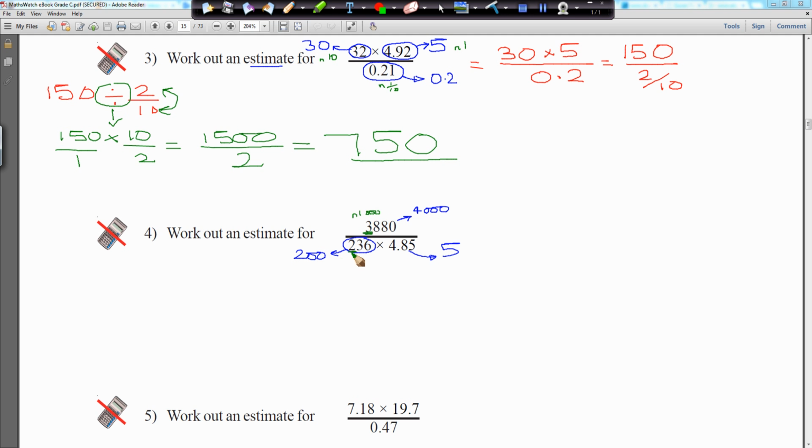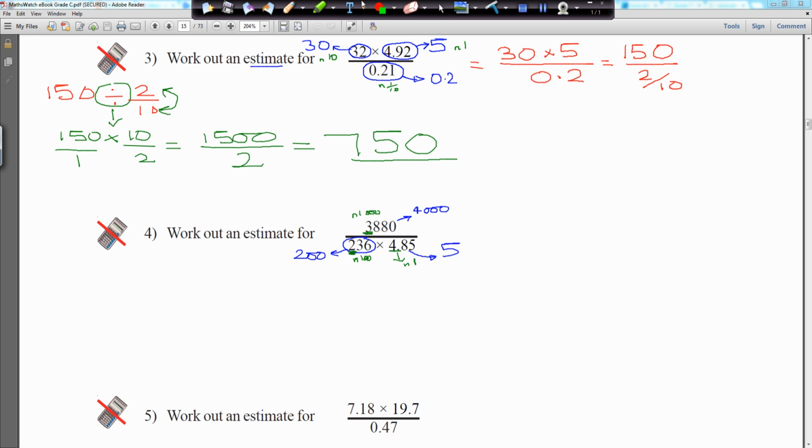Here the largest place value was the hundreds, so we rounded to the nearest 100. Here the largest place value was the units, so we rounded to the nearest 1. Done. Now let's put the calculations back in and see what we get.